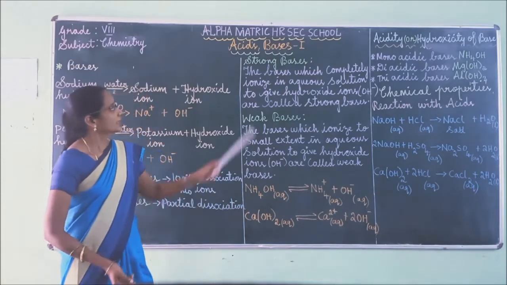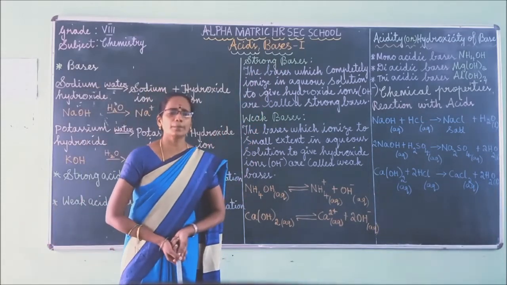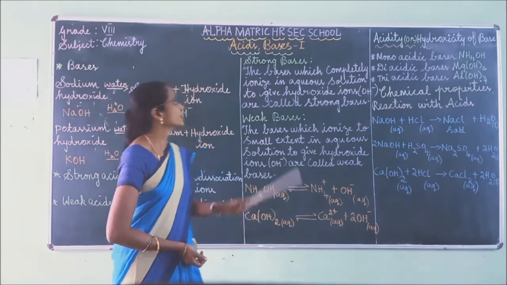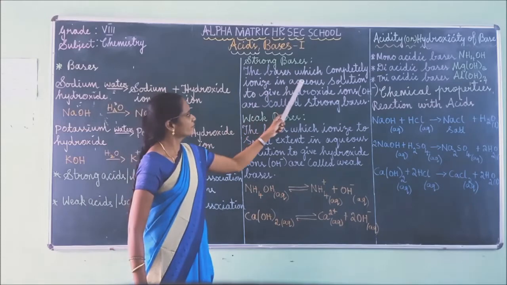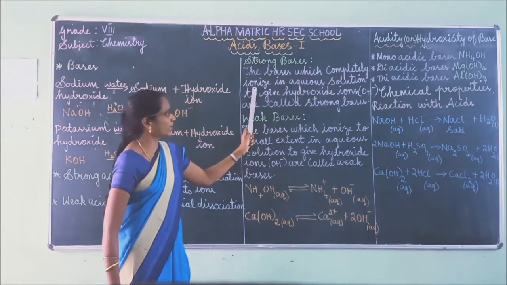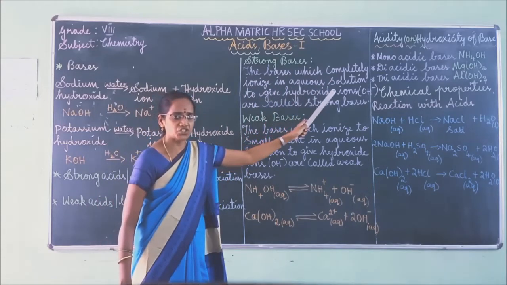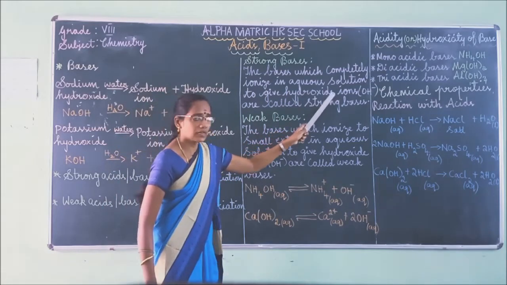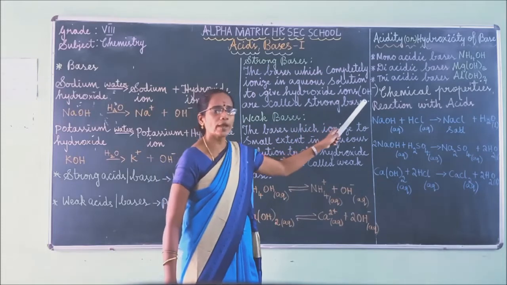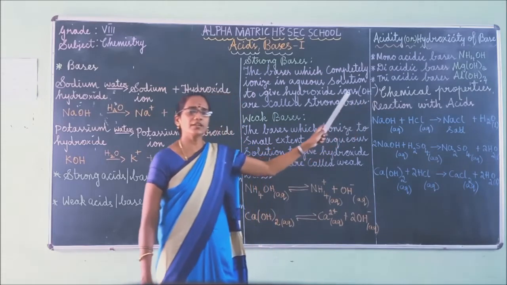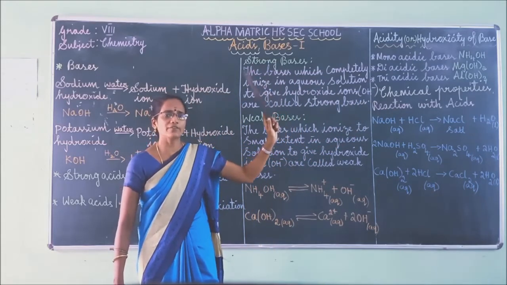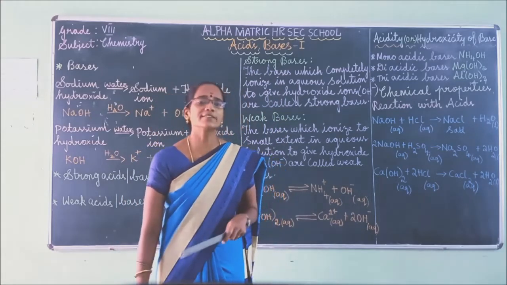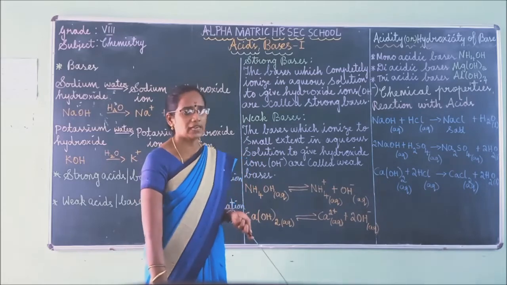Okay, right. Next we can move to strong bases. What do you mean by strong bases? The bases which completely ionize in aqueous solution to give hydroxide ions, that is OH-, are called strong bases. Hydrogen ion, what is the formula we have to write? H+. H+ is hydrogen ion, whereas OH- is hydroxyl ion.